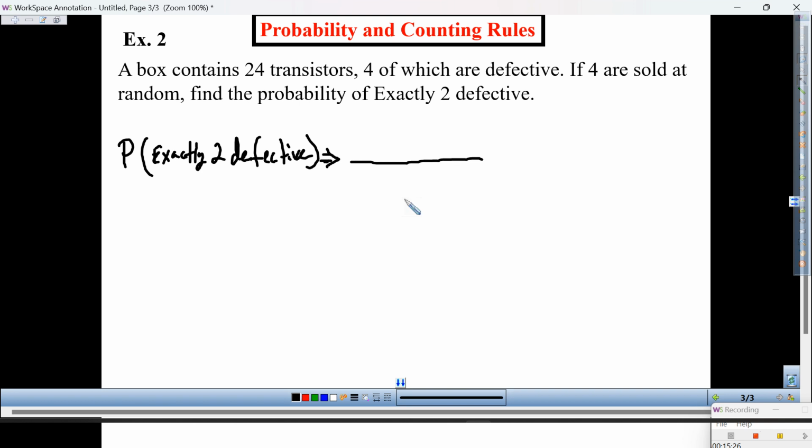All right. Check with your neighbor, see what they're writing for their total of totals. Yes, I heard 24C4. That is correct. That's the total of totals.